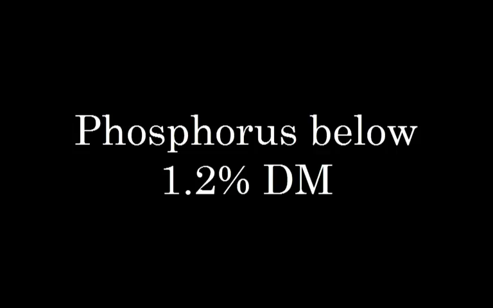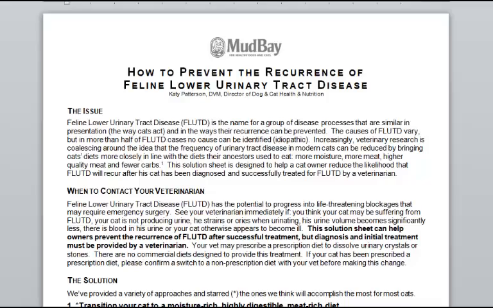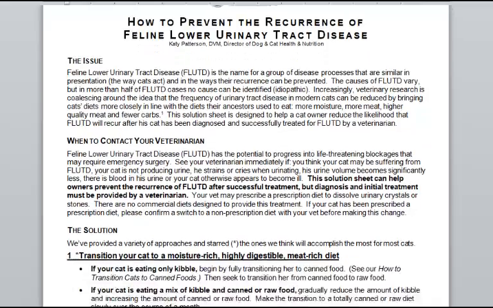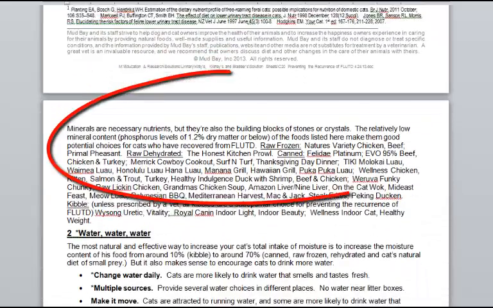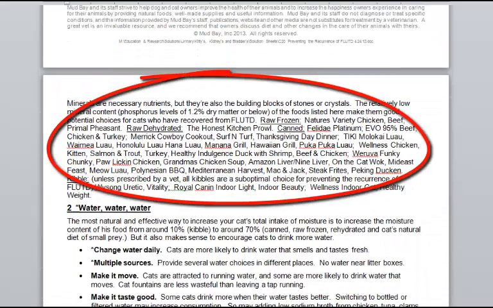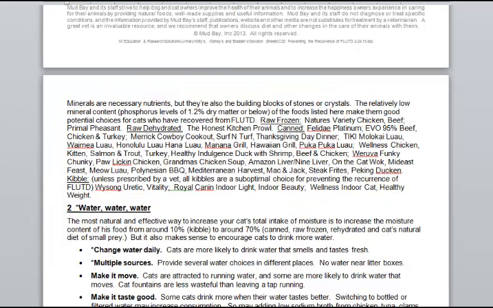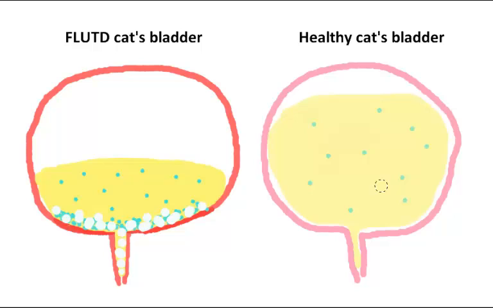And now, don't worry, a lot of times this isn't listed on the cans or packages, so we've created a list of recommendations based on this criteria that is in the solution sheets for you. So if you look at the FLUTD solution sheet, we have diet formula recommendations there. Those formulas are specific for being lower than 1.2% dry matter phosphorus. So those diets will eliminate some of the mineral content. So now we have even less minerals here to settle out at the bottom and cause a problem.